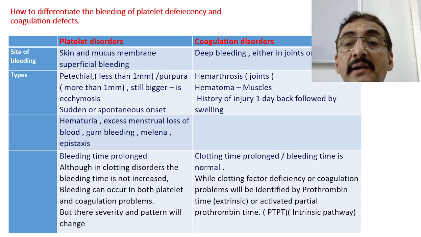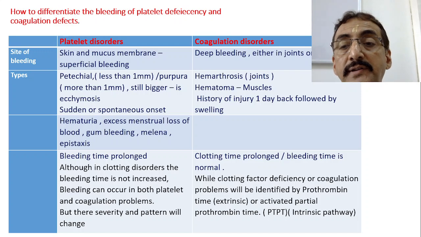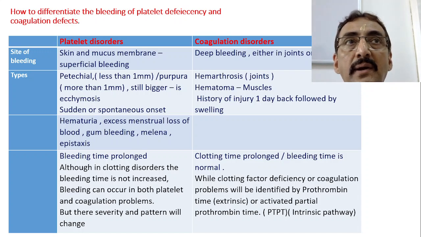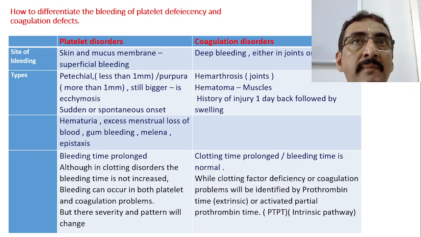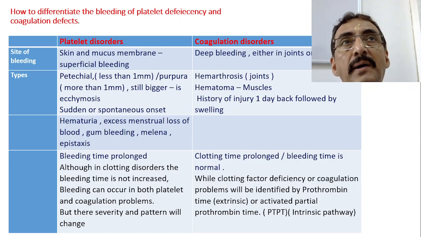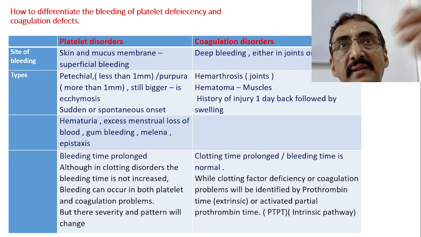In case of clotting factor deficiency or coagulation problems, that will be identified by the prothrombin. Now, when we talk about clotting factors or coagulation problems, there are two important pathways: one is the extrinsic pathway, another is the intrinsic pathway, that we will discuss.